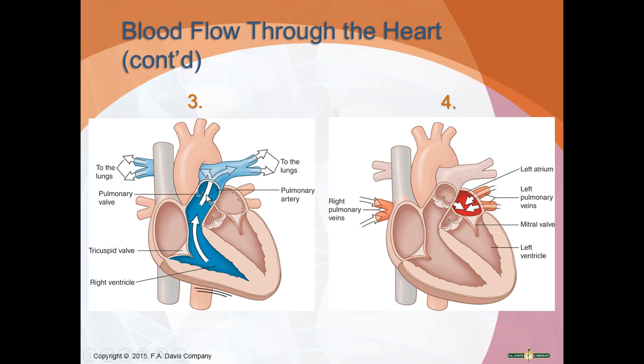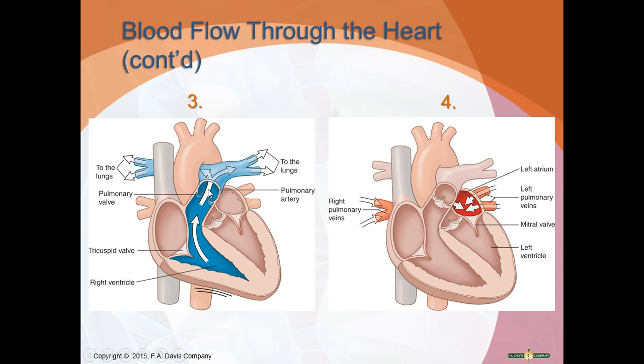So the right ventricle contracts, it forces the pulmonary valve open. Blood's pumped into the right and left pulmonary arteries and onto the lungs. After the right ventricle empties, the pulmonary valve closes and it prevents the blood from flowing backward into the ventricle.